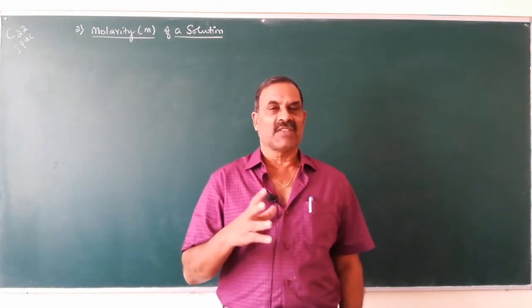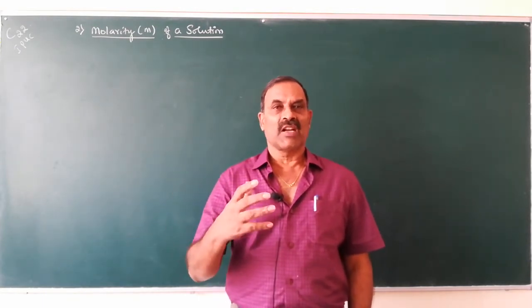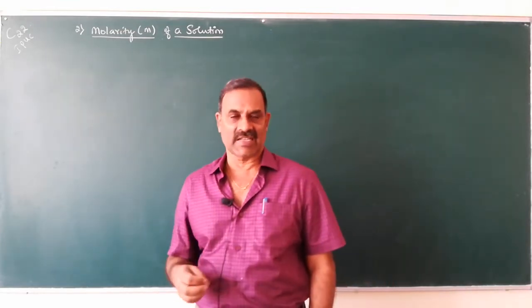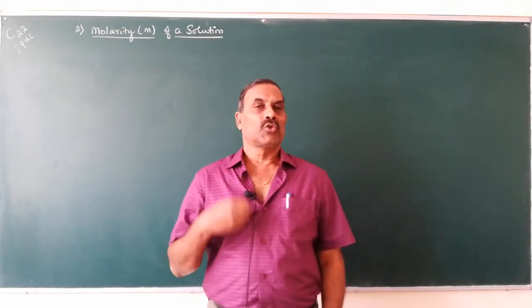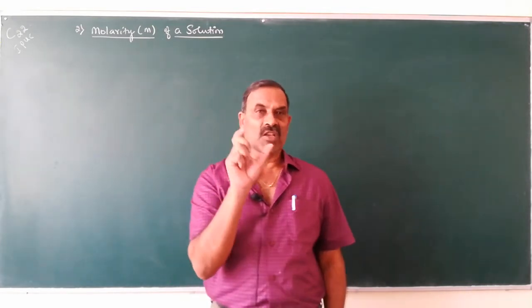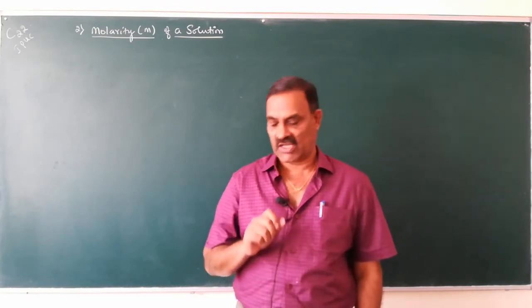Mass percent of the solute is equal to mass of the solute in grams divided by mass of the solution in grams into 100. To know the mass of solution, mass of the solute plus mass of the solvent is equal to mass of the solution.